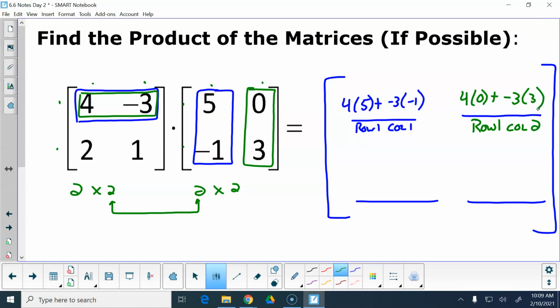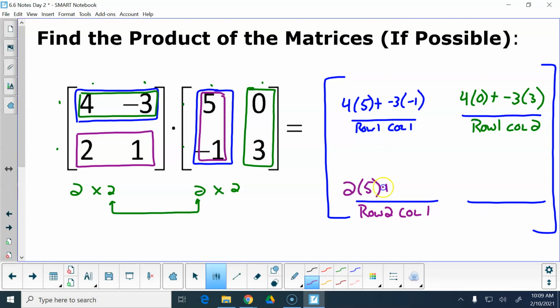Then I'm going to come down here, and this is now row 2, column 1. So I'm going to take row 2 times column 1. That's going to be 2 times 5 plus 1 times negative 1. And then lastly, I've got row 2, column 2.